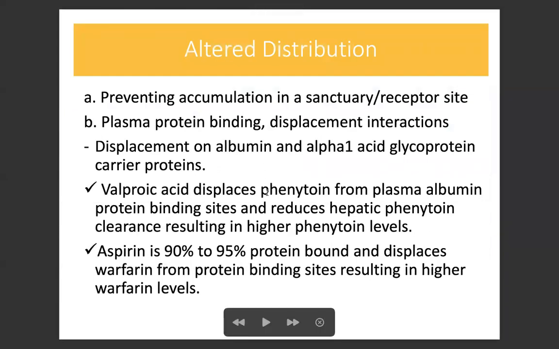For altered distribution, this is preventing accumulation in a sanctuary or your receptor site. In specific, kanang mga plasma protein binding and other displacement interactions. So displacement of albumin and alpha-1 acid glycoprotein carrier proteins. Mao na siya ang involved for the distribution, your plasma proteins.